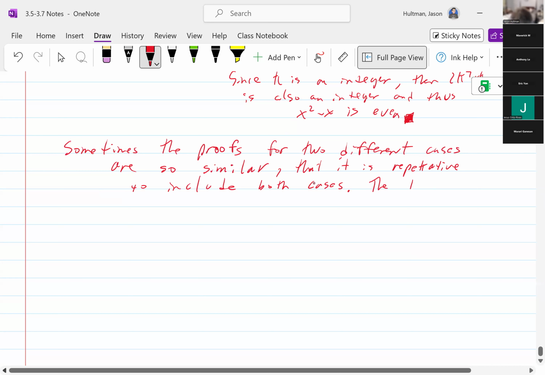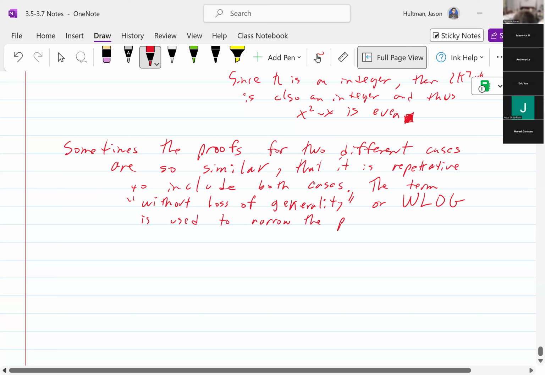The term without loss of generality, abbreviated WLOG, is used to narrow the proof to one case in order to generalize to all cases.